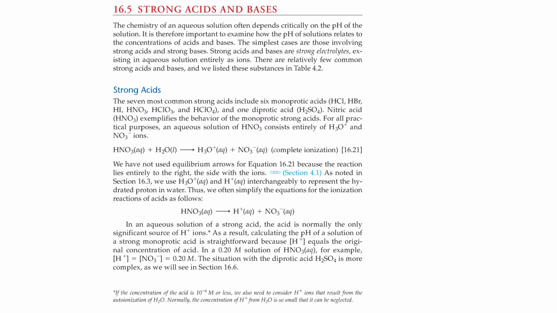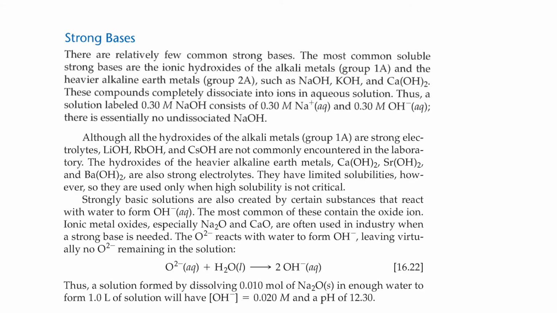In a 0.2 molar solution of nitric acid, for example, the concentration of H+ equals the concentration of nitrate equals 0.2 molar. The situation with the diprotic acid, sulfuric acid, is more complex, as we'll see in section 16.6.